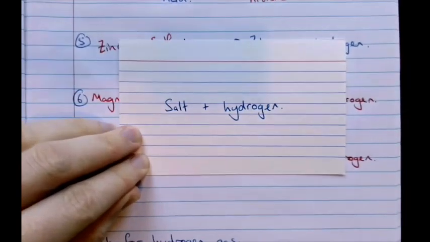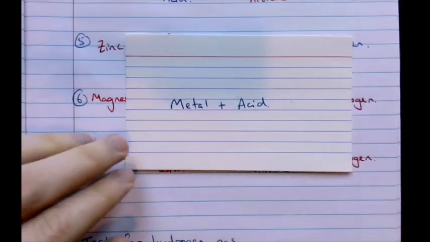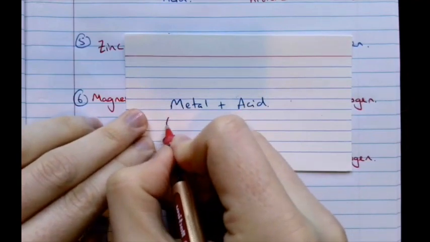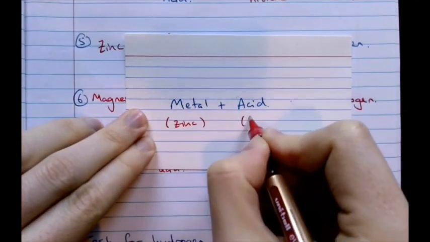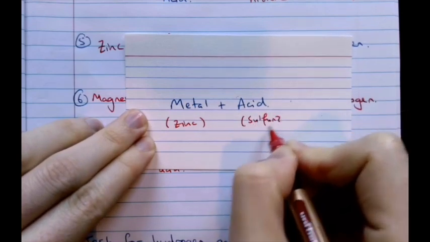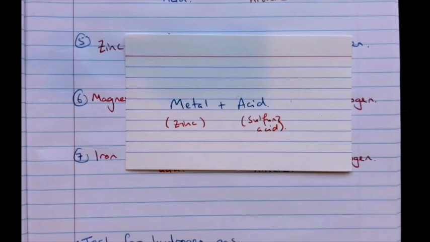Okay, and you can do different things if you want to. So if you wanted to, on here you could add in an example. So you could say, for example, zinc plus sulfuric acid, and then you can fill in the rest on the back yourself. So there are going to be more reactions to learn about, so it might be a good idea to make one for that.